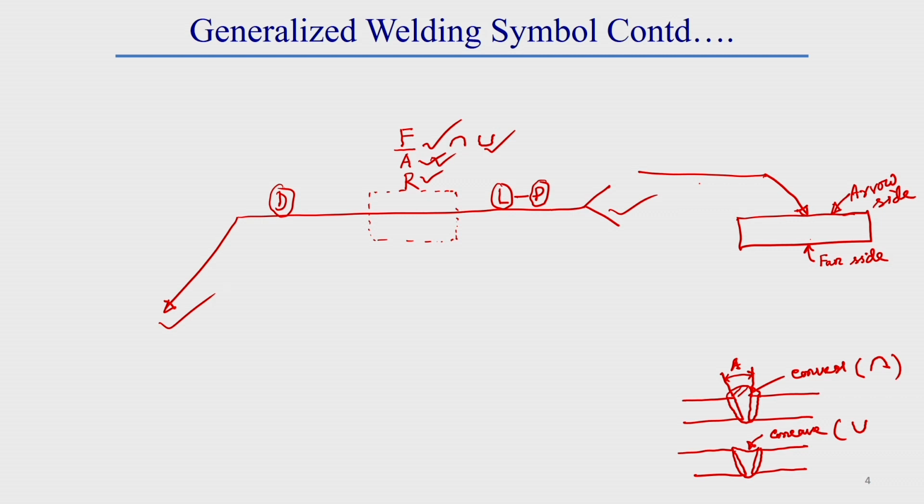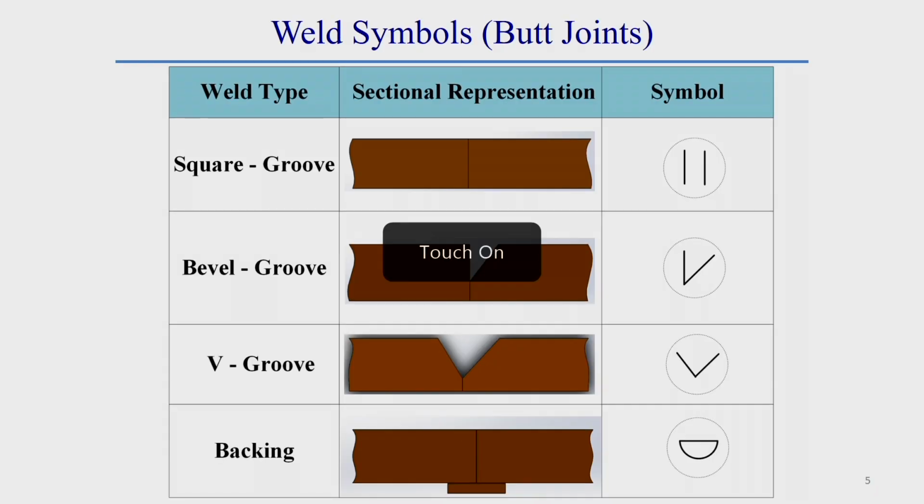Now, we will see in detail the different symbols generally used for different types of edge preparation or welding operation. In case of butt welding, the symbol looks like two parallel lines. In case of a bevel groove, the weld symbol looks like a bevel shape.